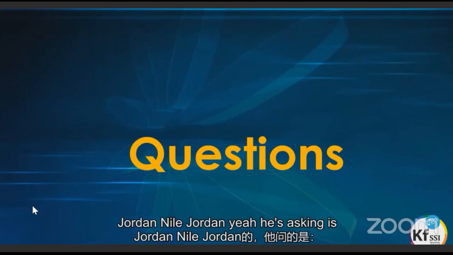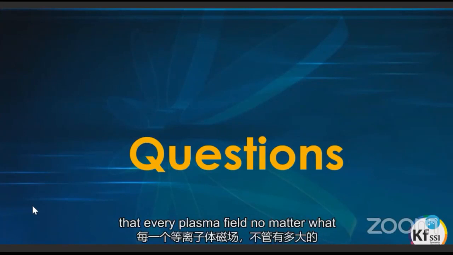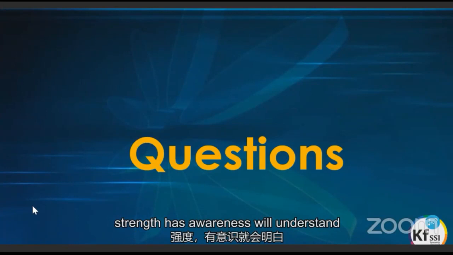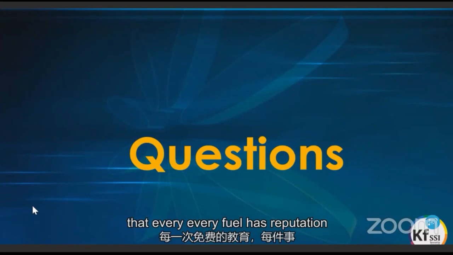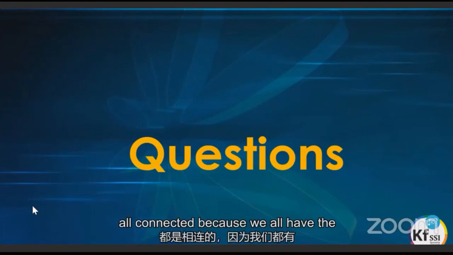From Niall Jordan, and he's asking, is there a supreme being? And does this mean that every plasma field, no matter what strength, has awareness? You'll understand that every field has a connection with everything in the universe. So we're all connected.